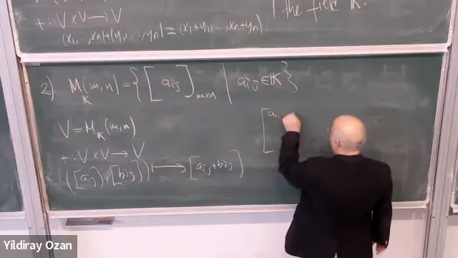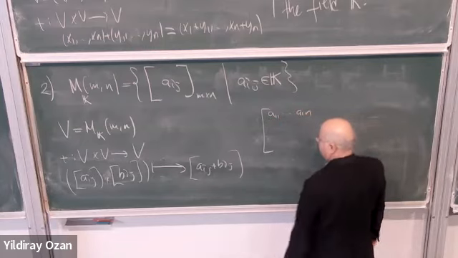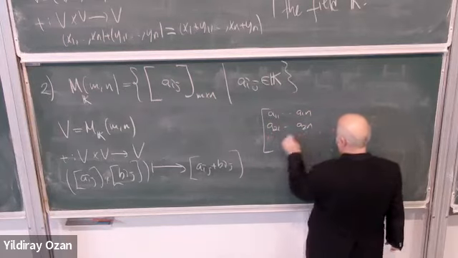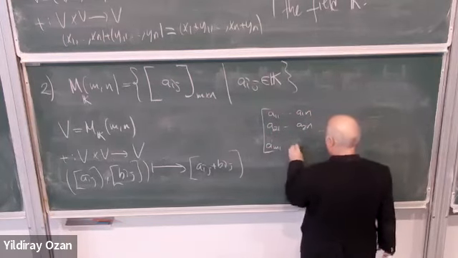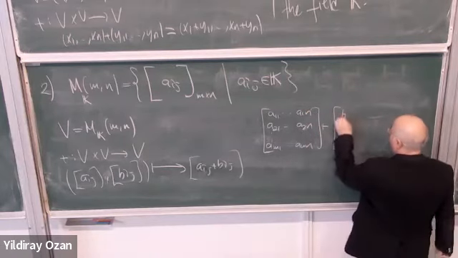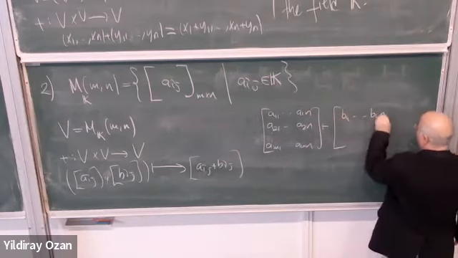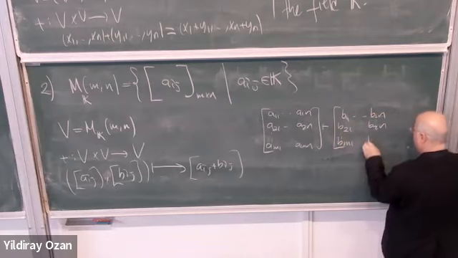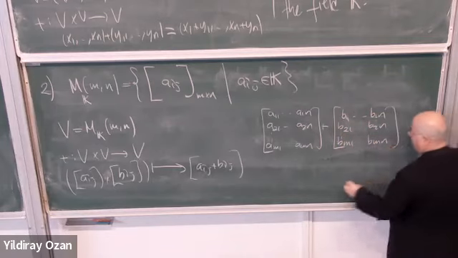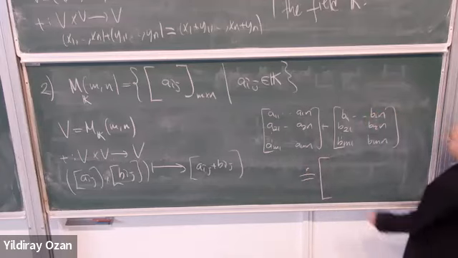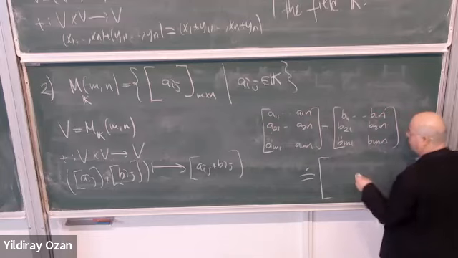Namely, A11, A1N, A21, A2N, AM1, AMN plus B11, B1N, B21, B2N, BM1, BMN. How do we define the addition of this? We just add up the corresponding entries.